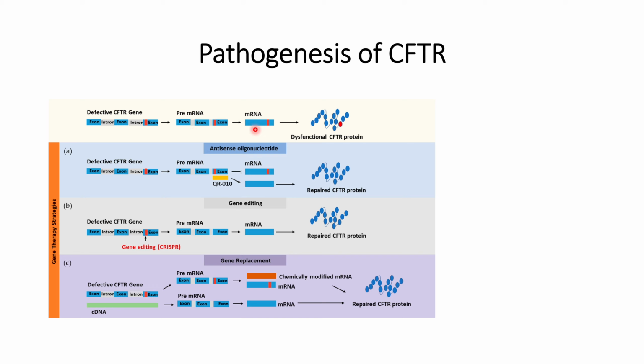After that they will form a mRNA and move towards the cytosol of the cells, where it is translated by the ribosome. The red region is shown here as the defective region. So this defective or dysfunctional CFTR will not be able to perform its normal activity.